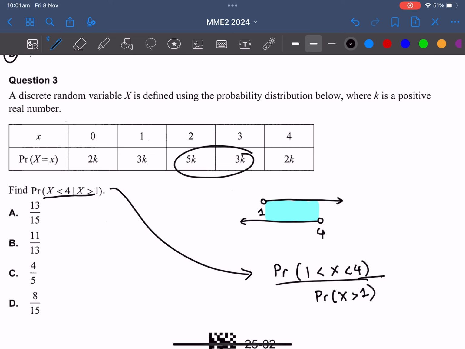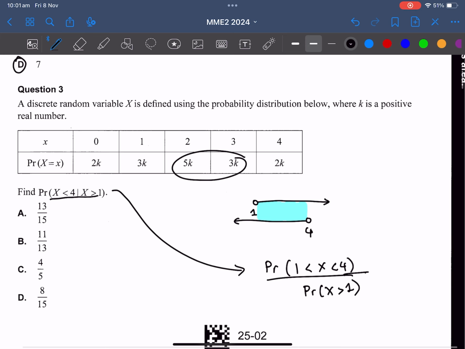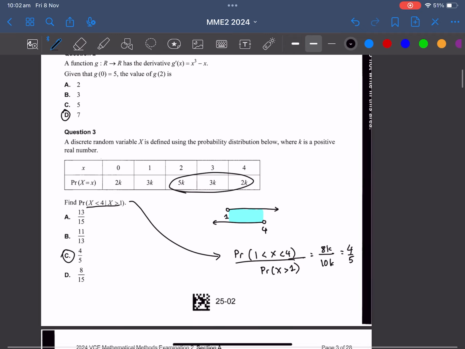Because this is a discrete probability question, we don't consider the 1 and 4 here, so they are excluded. So on top we'll have 8k, and on bottom we'll have everything that's bigger than 1, so just these added up. So that is 5 plus 3 is 8, plus 2 is 10, so 8k over 10k, which is simplifying to 4 on 5. So option C. Okay, perfect.